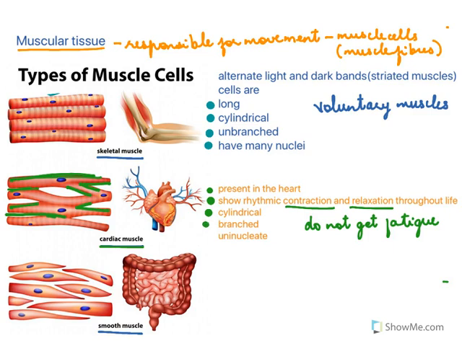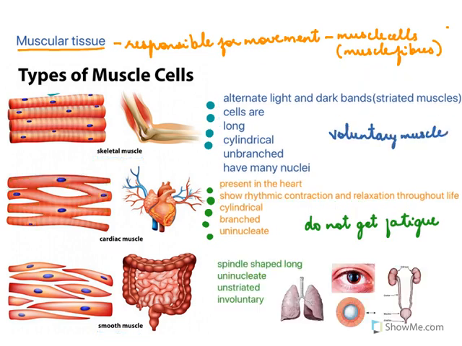Then they are uninucleate. They just have one nucleus each, unlike the skeletal muscles. So those were the characteristics of cardiac muscles which are present in our heart. And the important characteristic of them is they do not get fatigued, they do not get tired, they work all the time, right through life.